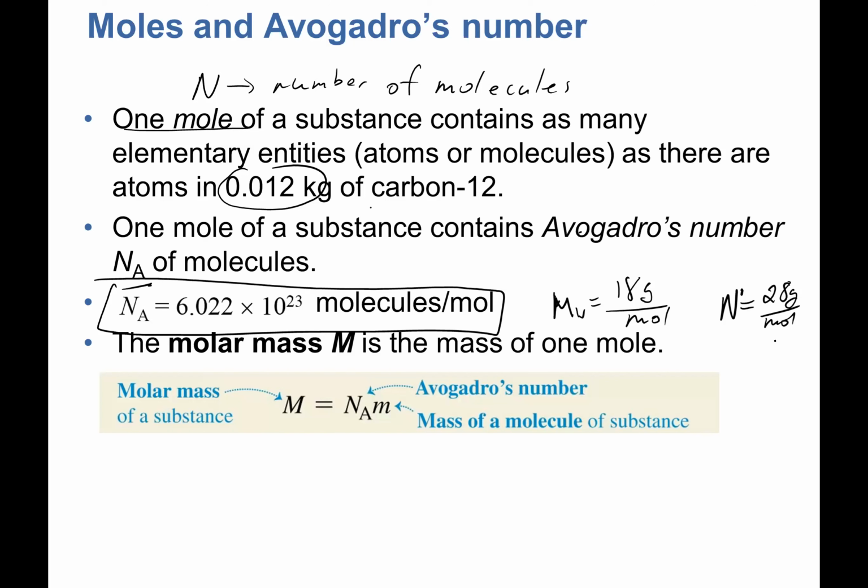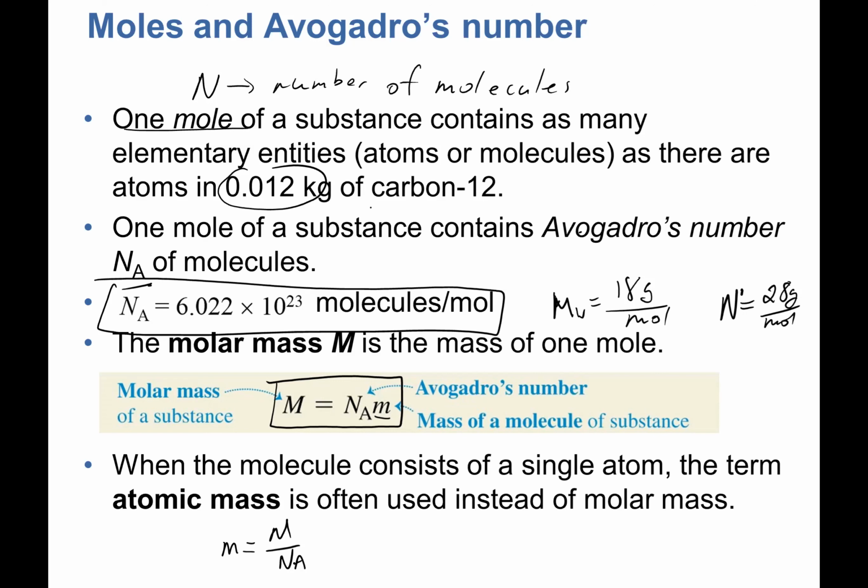So when the molecule consists of a single atom, the term atomic mass is often used instead of the molar mass. All right, so let's look at this example over here. How many moles are in a 1 kilogram bottle of water?